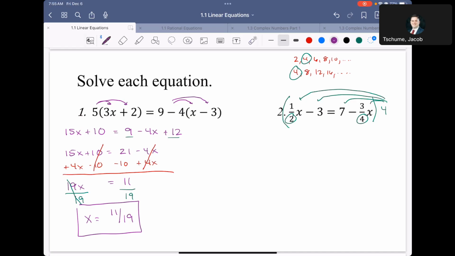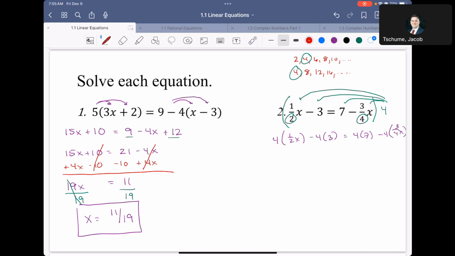And so if I come down to the next line, you will have 4 times 1/2 x minus 4 times 3 equals 4 times 7 minus 4 times 3/4 x. And what should happen on all of these is either the fraction should go away or you should just be multiplying basic numbers together.